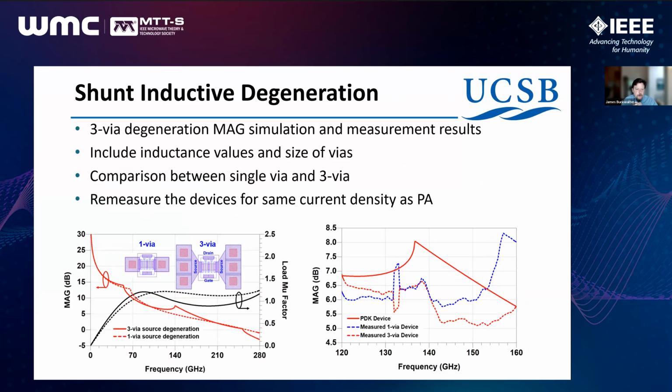And so, this is a repeat of what we showed before, but that 3-via device should provide some degeneration at 140 gigahertz, which is going to peak the MAG. We did measure devices. We didn't see a big impact here, to be fair, when we measured these devices at 140 relative to the simulation. But needless to say, the power density arguments were still compelling.